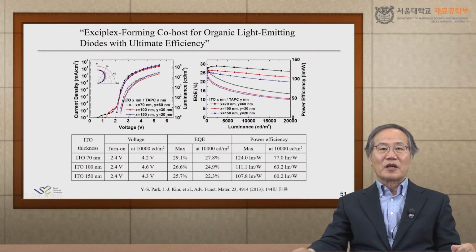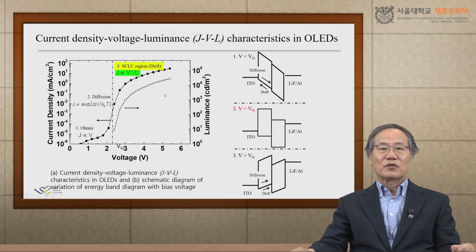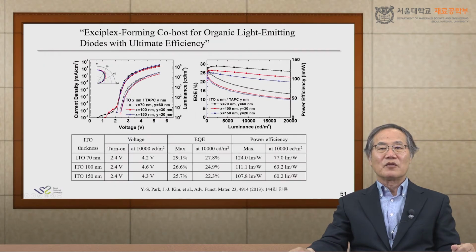Using these JVL characteristics, you can calculate external quantum efficiency because you have the photon number from this luminescence data, and you can get the current and the voltage at a certain data point, and you can get this kind of EQE versus that. And sometimes the external quantum efficiency is reduced with increasing luminance.